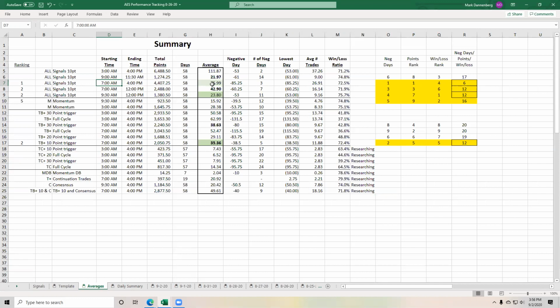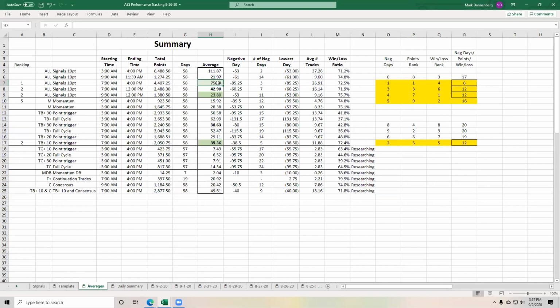And the average point production is just under 76 points a day. That's a very solid number. And if we stack rank overall performance based on the number of losing days, the points, highest point value, and the optimum win-loss ratio, that category right there is the best performing category overall.